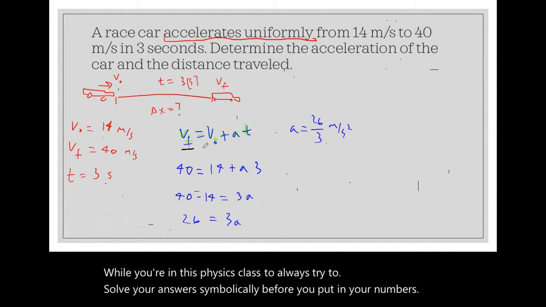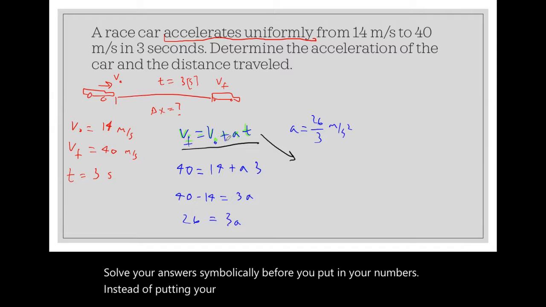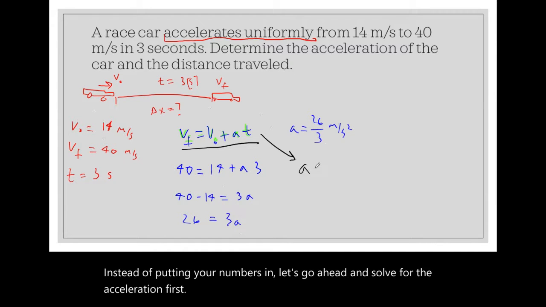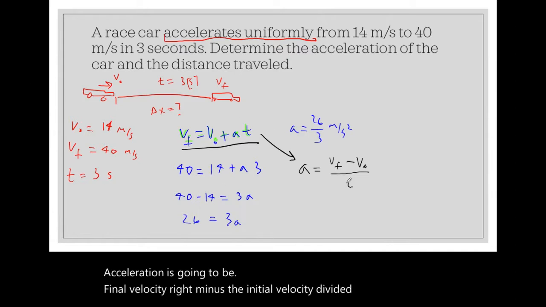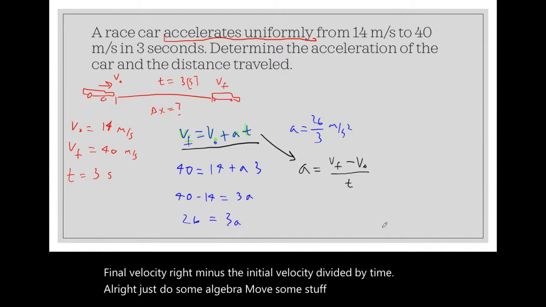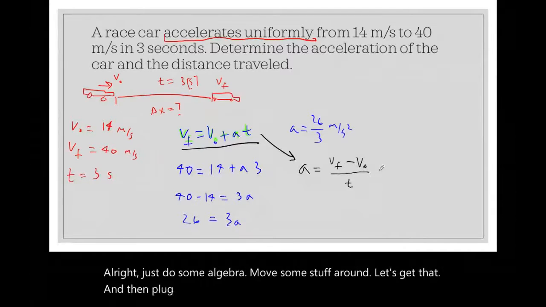So what I mean by that is, instead of putting your numbers in, let's go ahead and solve for the acceleration first. The acceleration is going to be the final velocity minus the initial velocity, divided by time. Just do some algebra, move some stuff around. Let's get that, and then plug in all this stuff over here.